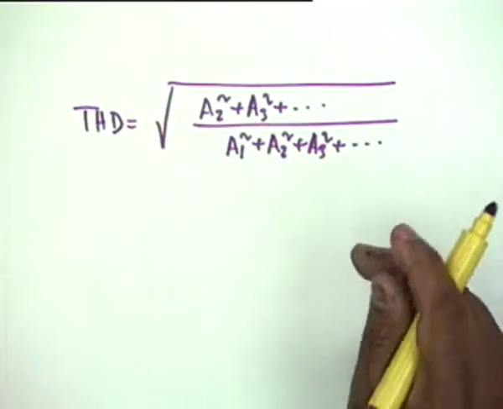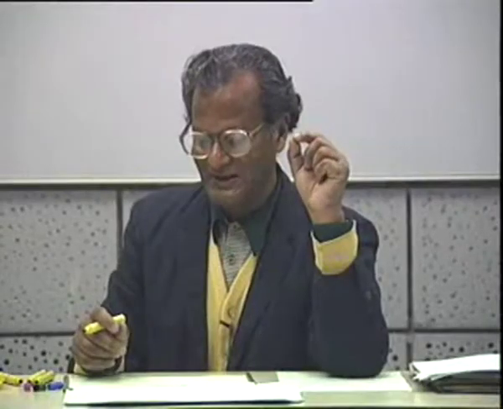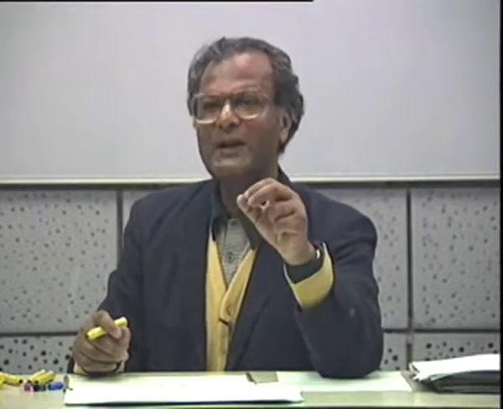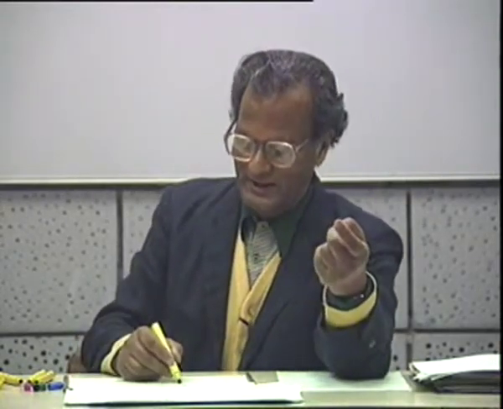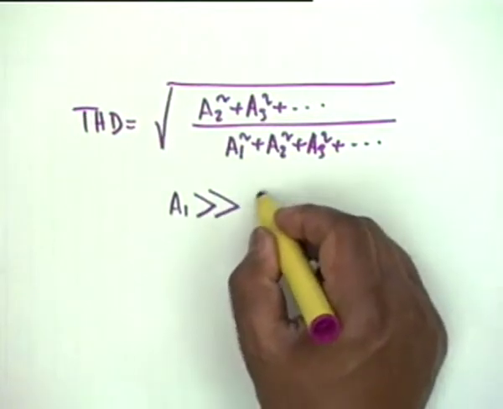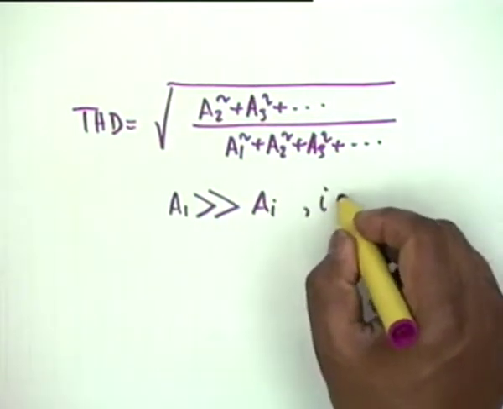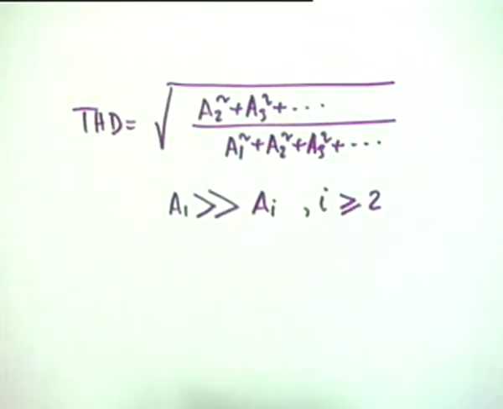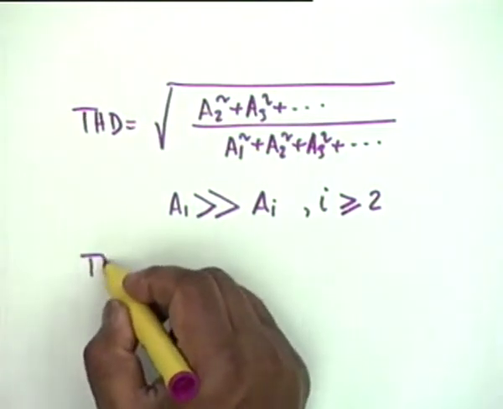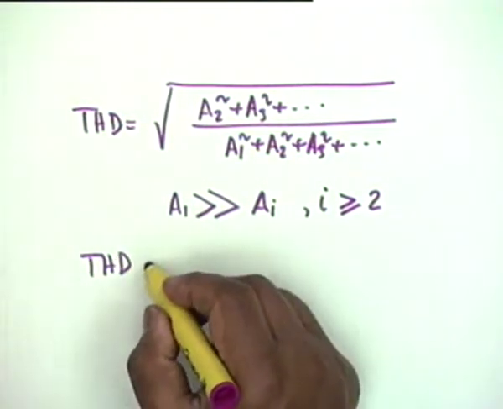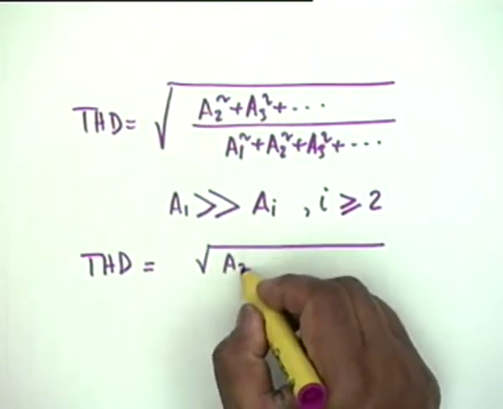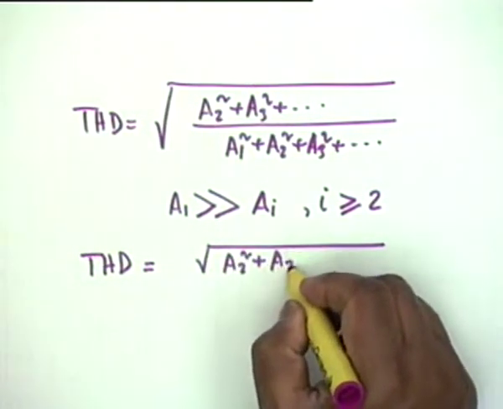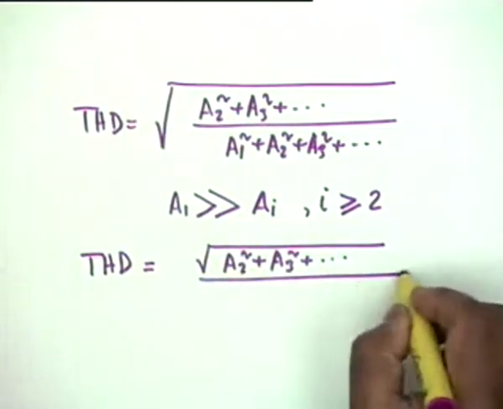Usually, what is our aim? Our aim is to make A2, A3, A4 as small as possible compared to A1. So, A1 is usually much greater than Ai, i greater than or equal to 2, which means that THD, total harmonic distortion, can be expressed as the square root of power in the harmonics divided by A1.